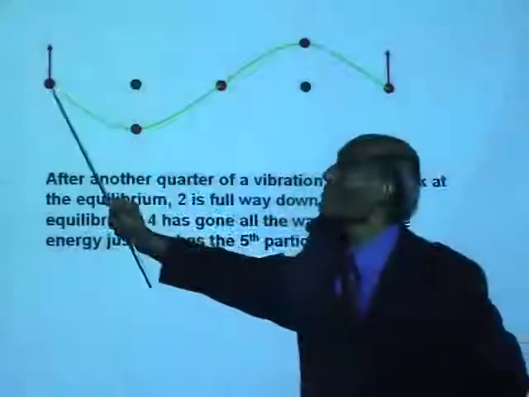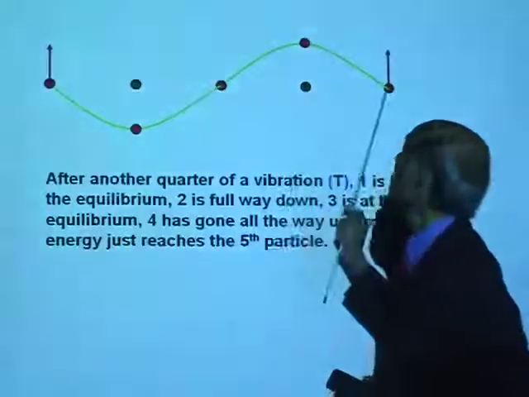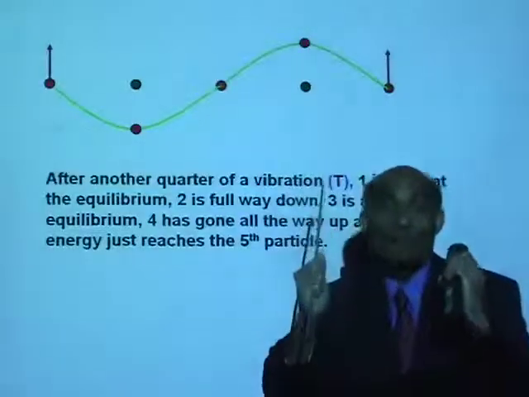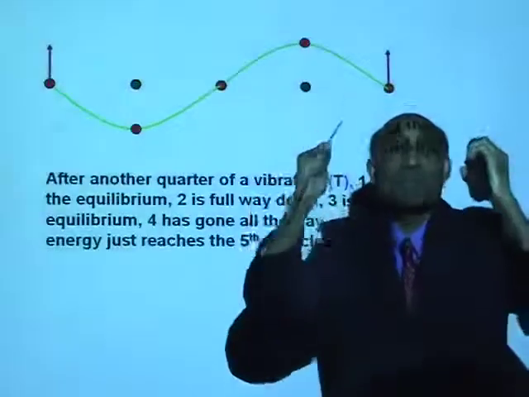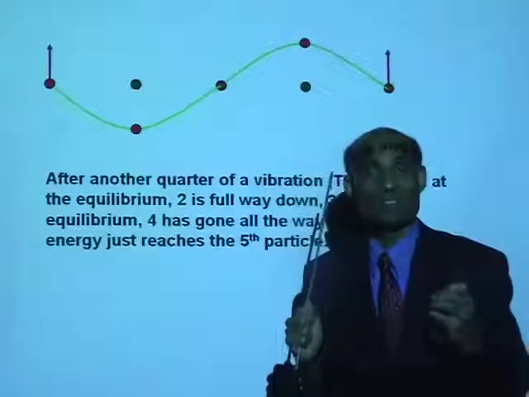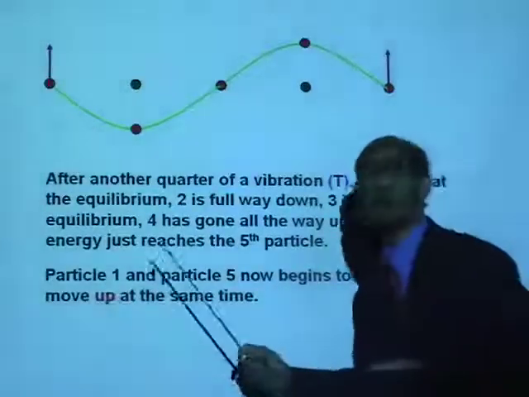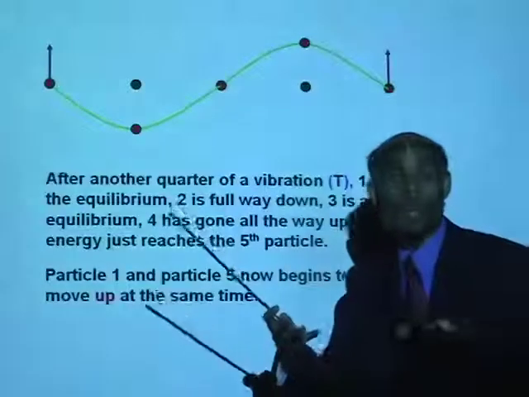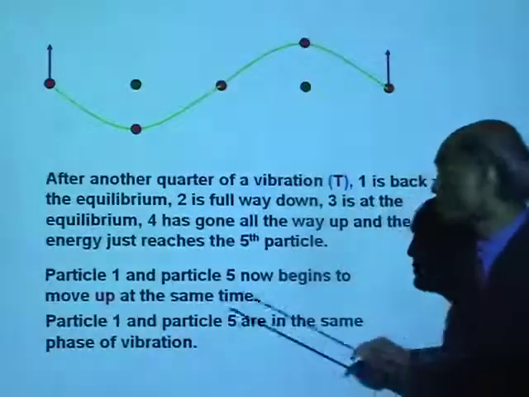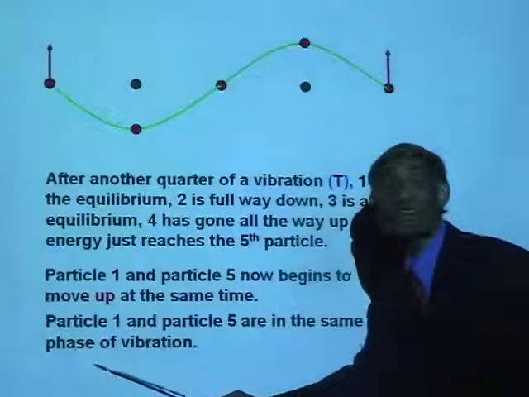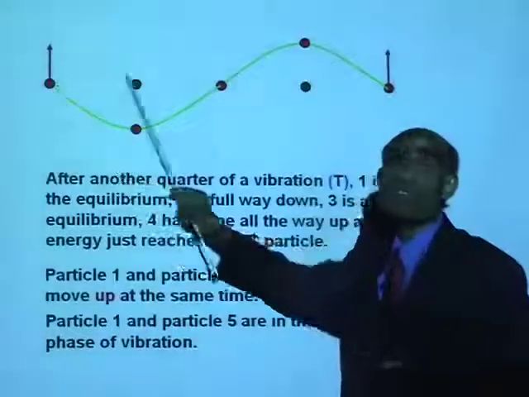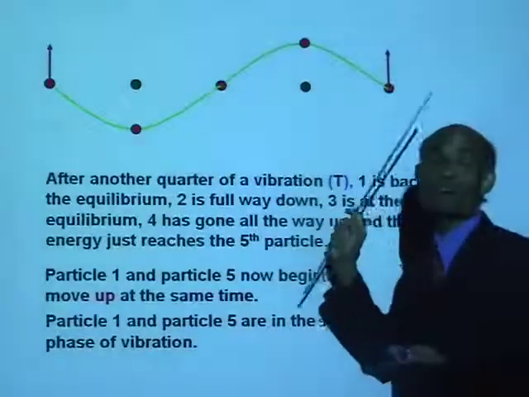Yes, that means particle 1 and particle 5 are going to be now in the same phase of vibration. Right? Particle 1 and particle 5 now begin to move up at the same time. That means they are in the same phase of vibration. There is no phase difference between these two particles.